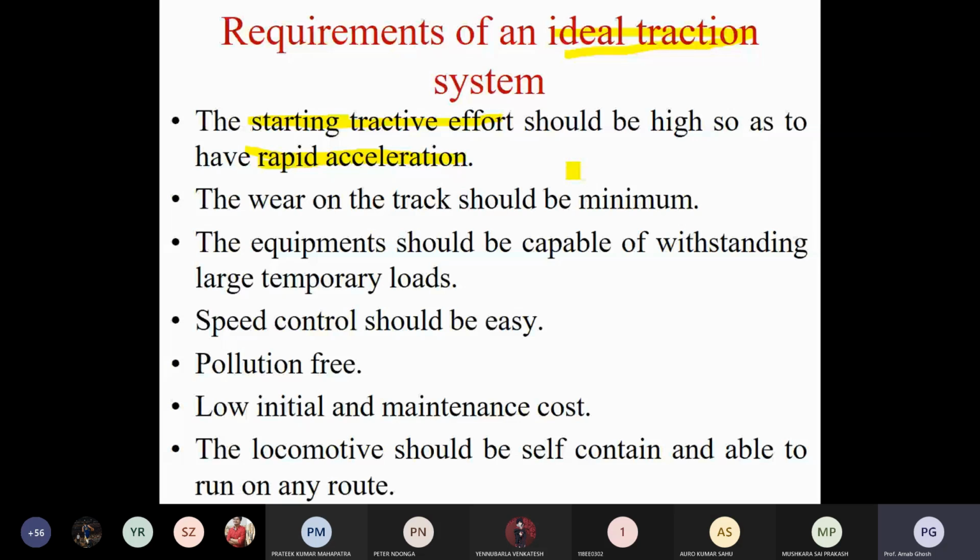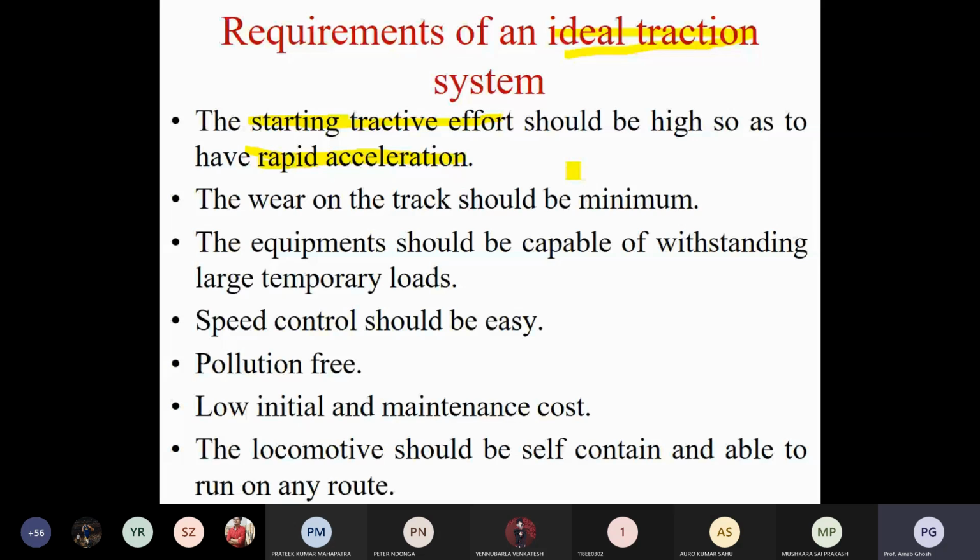Able to run on any route means that with a diesel electric locomotive there is no need for an overhead line in all cases, so it can run anywhere if there is a railway track.